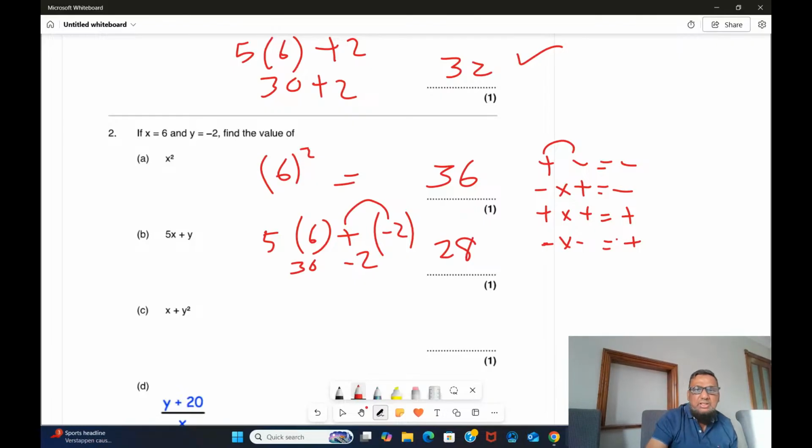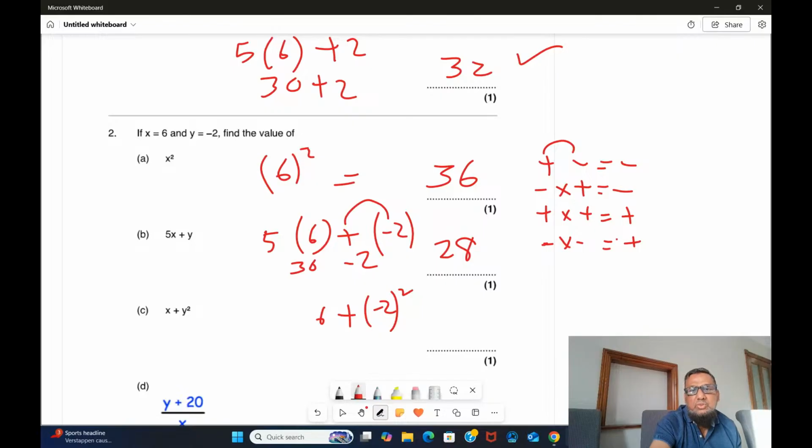So now move to question C, which is x plus y squared. The value of x is 6 and the y value is minus 2, and this is squared. So we substitute the values of x and y into the given formula, x plus y squared. First, you need to solve the bracket, as you learned about BODMAS.